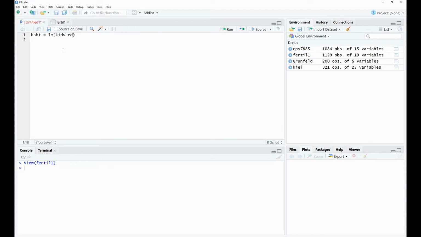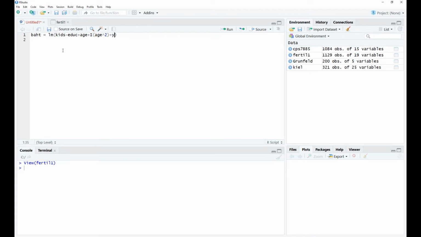Depends on education, age squared. Okay, so here we have a nonlinear term. And then we are going to include dummy variables. More specifically, we are going to include the yearly dummy variables. Okay.